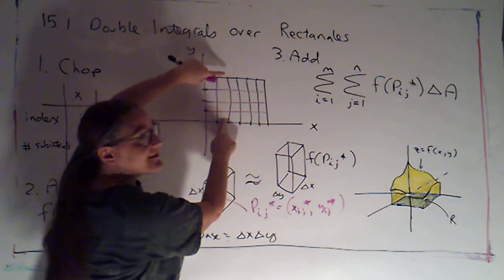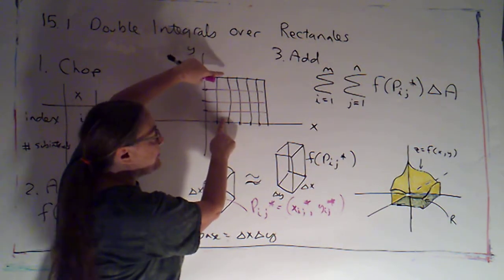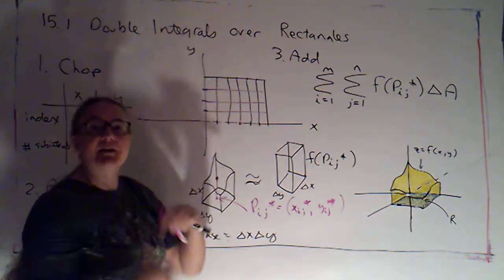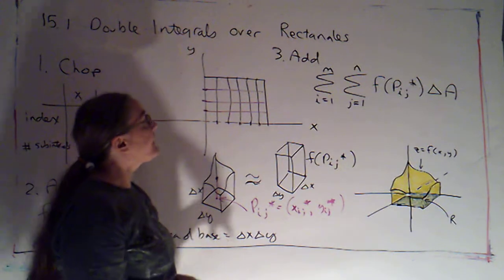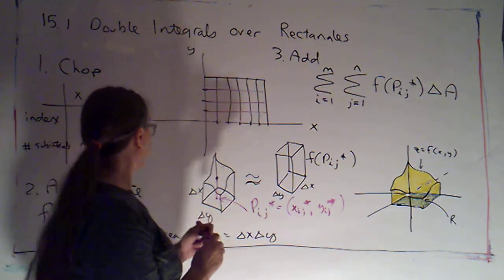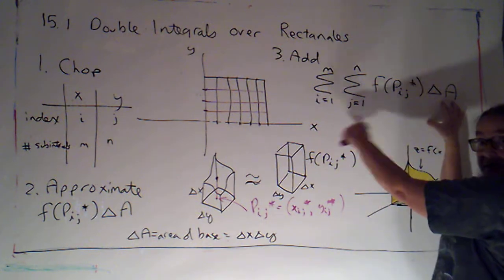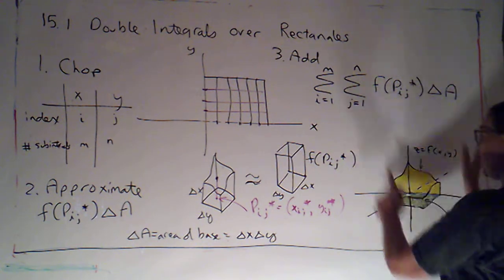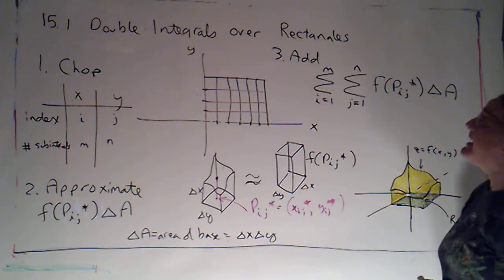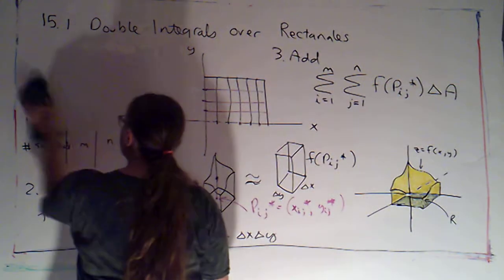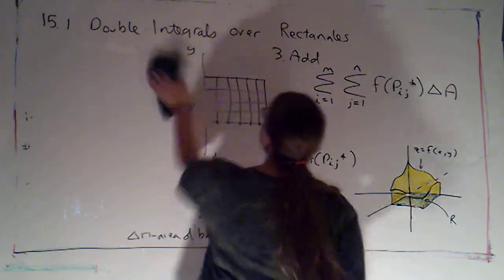I calculate the signed volume of the rectangles lying above this column, and then I move to the next one, etc., etc. Okay, fabulous. And then, of course, this just gives me an approximation of the signed volume that I have. If I want to get to the actual right answer, I'm going to take a limit.